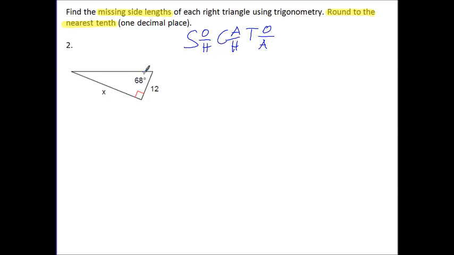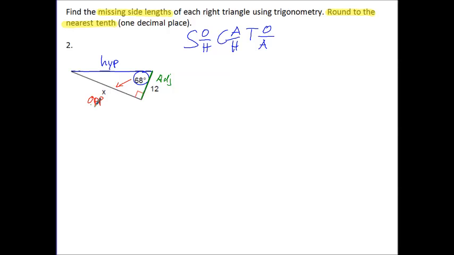We have the angle of 68 degrees given. So what is the hypotenuse? The hypotenuse is and always will be the longest side of the triangle. The side opposite from angle 68 is the side labeled with x, and the adjacent side is the side next to it that has a length of 12 units.